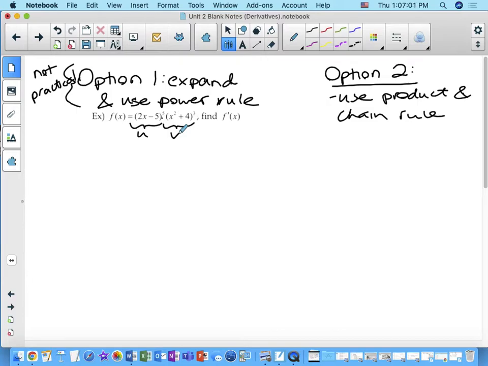So u equals 2x minus 5 to the 5, and v equals x squared plus 4 cubed. Okay, what would u prime be?